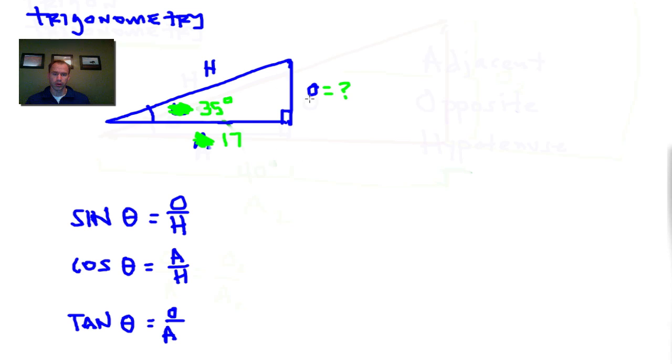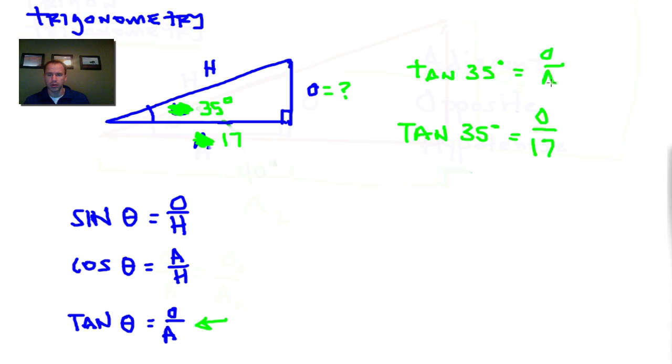So we say I want to know opposite. I know the adjacent side, so tangent is going to be the one that I'm going to choose, right? So we say the tangent of 35 degrees equals opposite, don't know that one, divided by adjacent. Let's put that up there actually. Tangent of 35 degrees equals opposite over adjacent. So that's going to be opposite divided by 17.